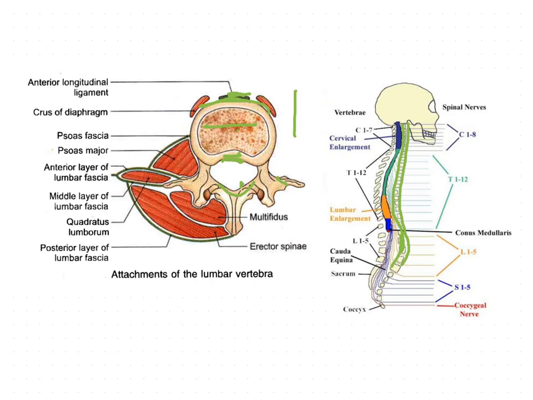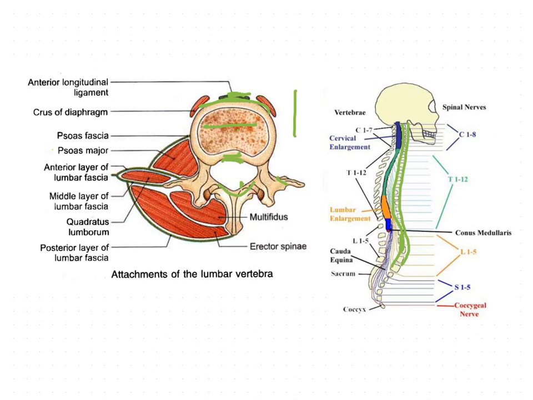Now we are seeing only the body. In the front you'll have the anterior longitudinal ligament and the posterior side of the body will have the posterior longitudinal ligament. Okay. So these are the attachments of the anterior and posterior longitudinal ligaments.